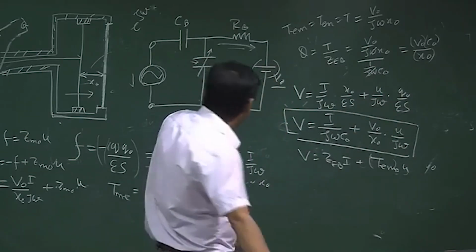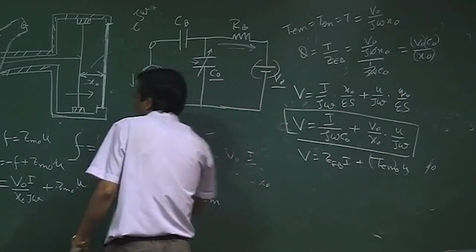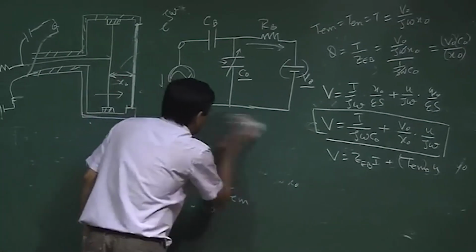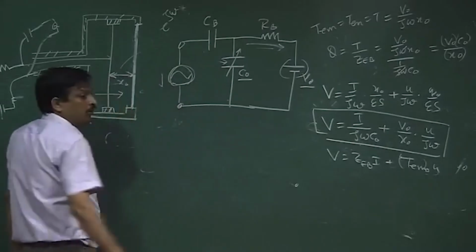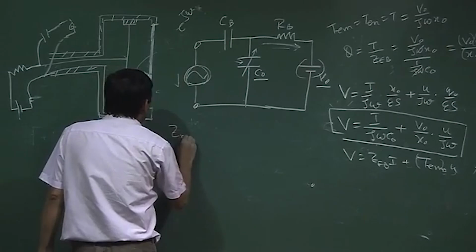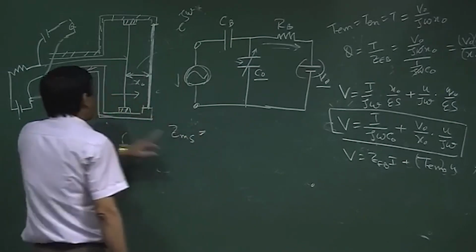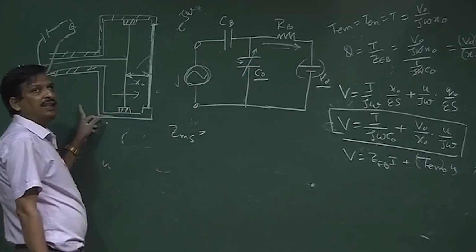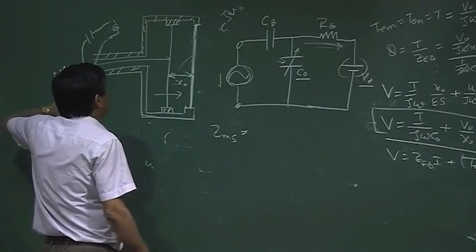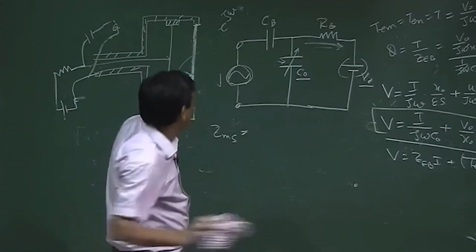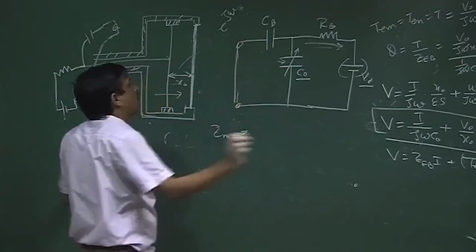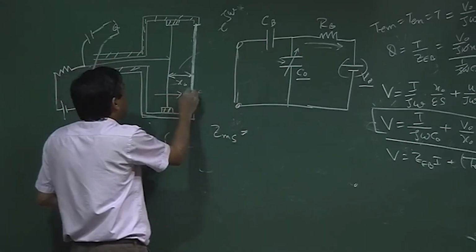Now, what is the relation between ZMO and ZMS? So, by construction, what is ZMS of this transducer? Short circuit mechanical impedance. Short circuit mechanical impedance means no voltage is applied, the electrical circuit is short, then it is nothing but a spring mass system.